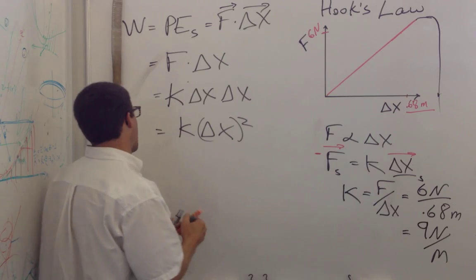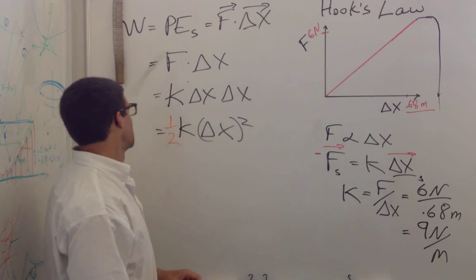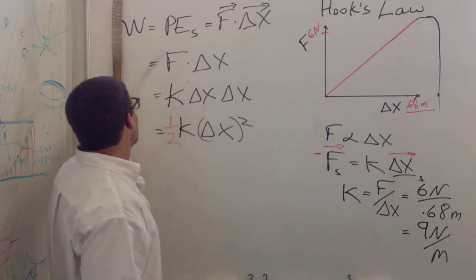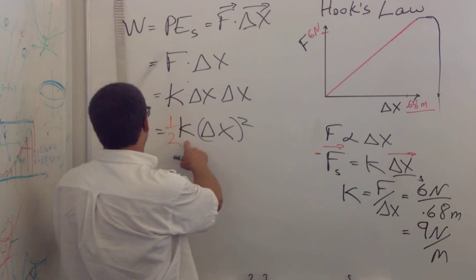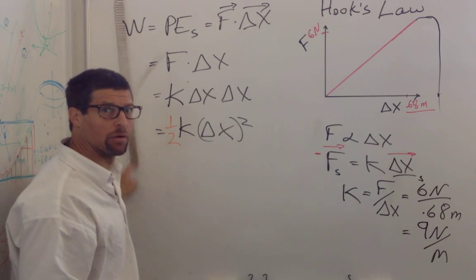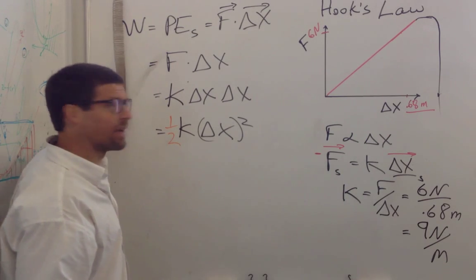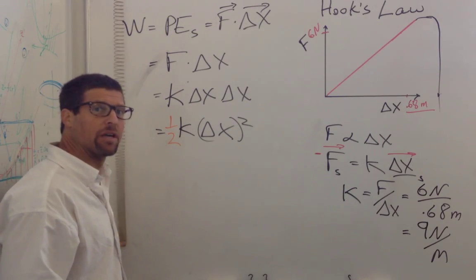It's actually 1/2 k delta x squared. Why is that? Because the force wasn't equal to kx the whole time I was pulling down. The force in the beginning was 0, so this work was very little compared to this work down here.